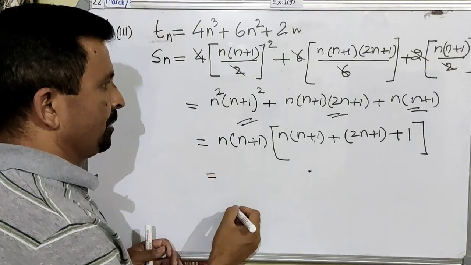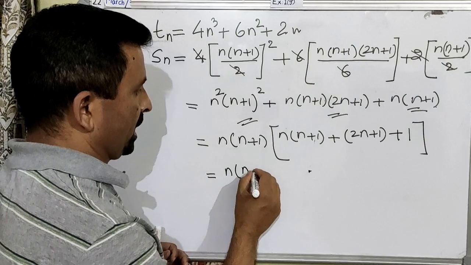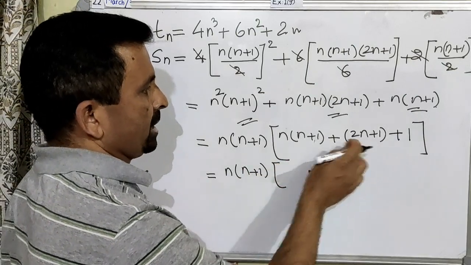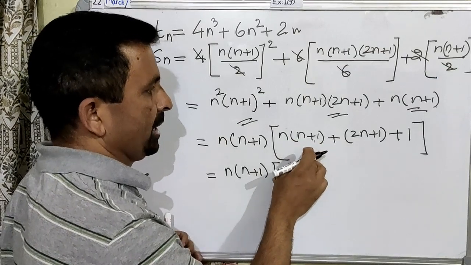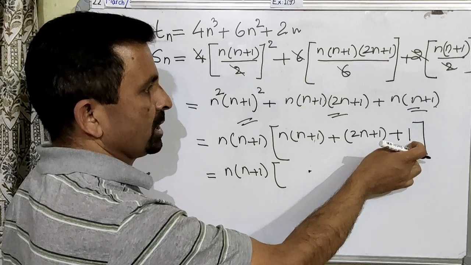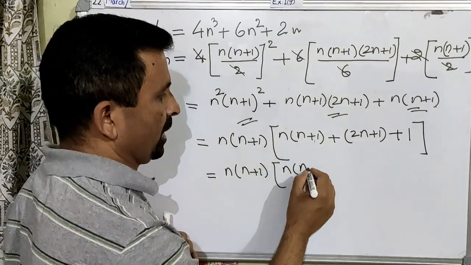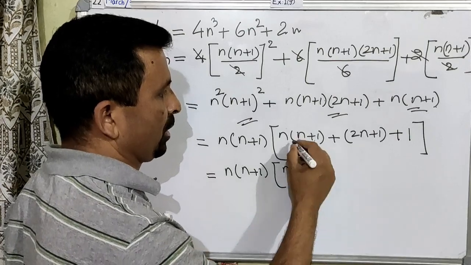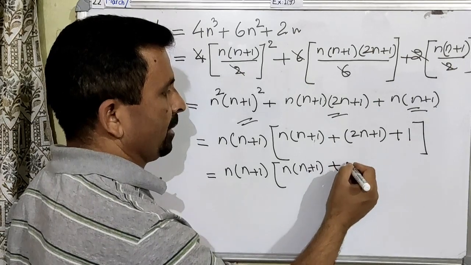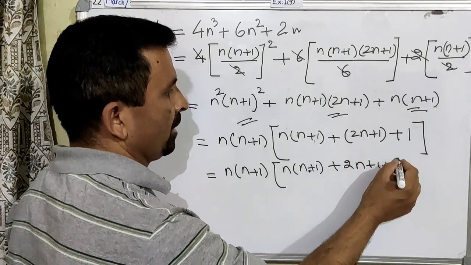Now in the next step, this is n into n plus 1 as it is, and you open the bracket. This bracket can be simply opened, and then we can use this 1. This we will keep as it is, n into n plus 1. For some time we will not operate on this part; if necessary, we will see later on. The other part becomes 2n plus 1 and then plus 1.